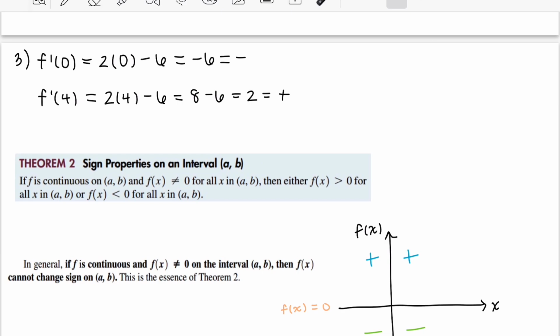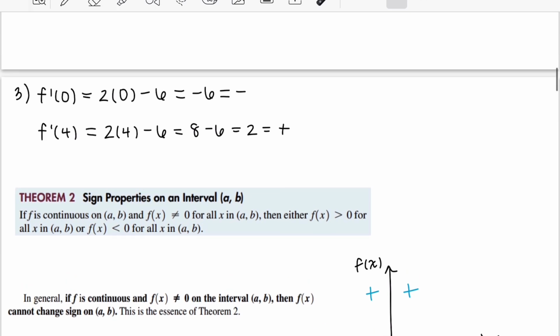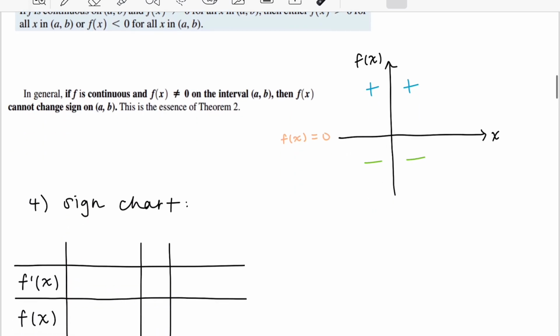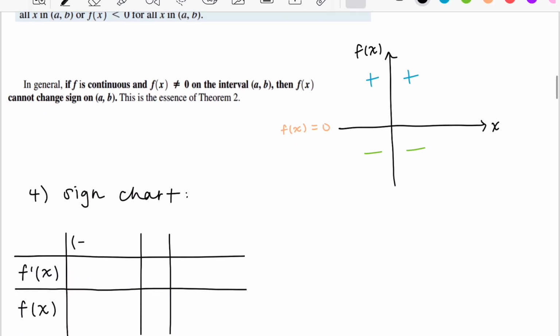So if we cannot change signs, then we can easily construct a sign chart using our test numbers here and these intervals here. So we're looking at the intervals, negative infinity up to 3. We have our partition number 3 here, and then 3 up to infinity.